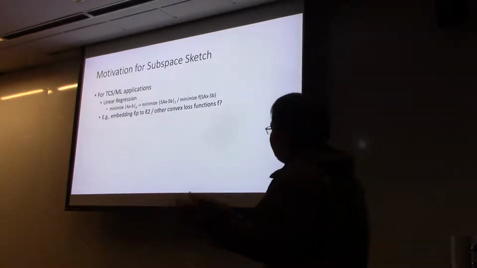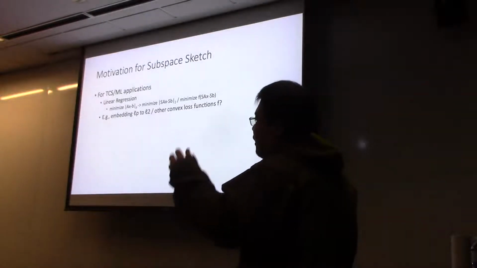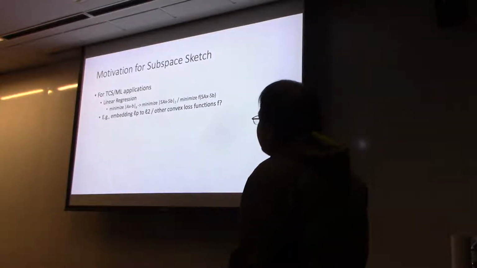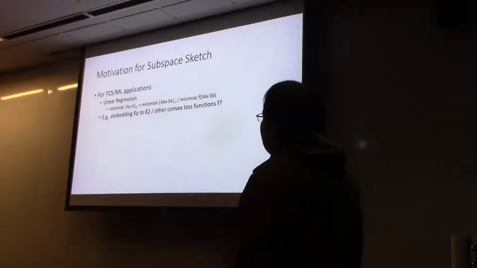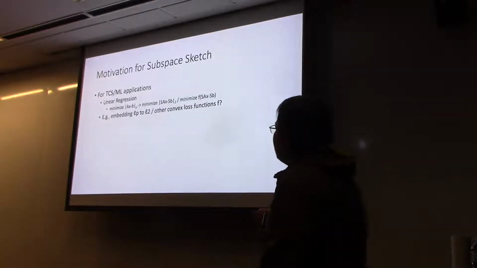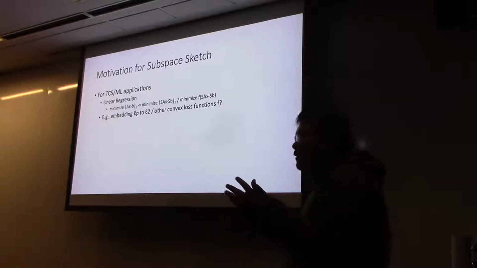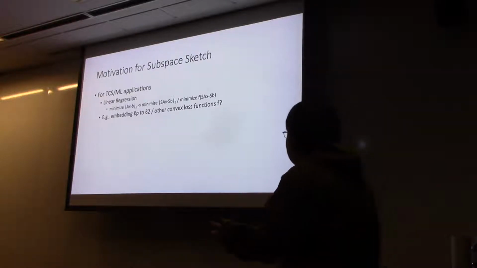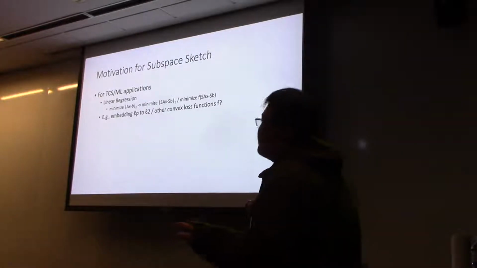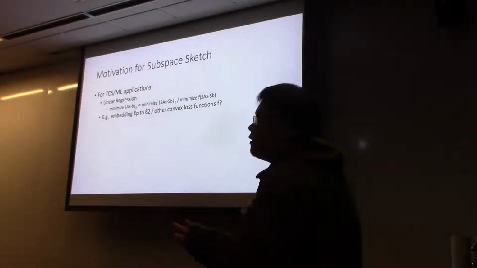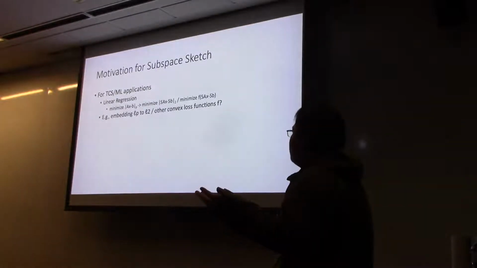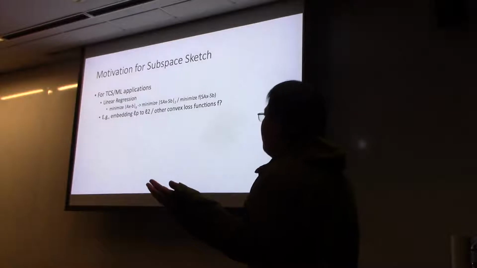Can it still help us speed up the regression algorithm? It turns out it can, because if you can embed LP into L2, then you just need to solve a smaller L2 regression problem, which is also very easy to solve. And if this function f is convex, then minimizing it is a convex program, and we can still solve this problem, at least in polynomial time.